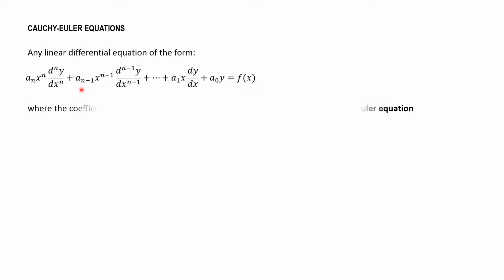Now, any linear differential equation of the form a_n x^n d^n y/dx^n + a_{n-1} x^{n-1} d^{n-1}y/dx^{n-1} + and so on, a_1 x dy/dx + a_0 y = f(x), where the coefficients a_n, a_{n-1}, a_0 are constants, is called a Cauchy-Euler equation.